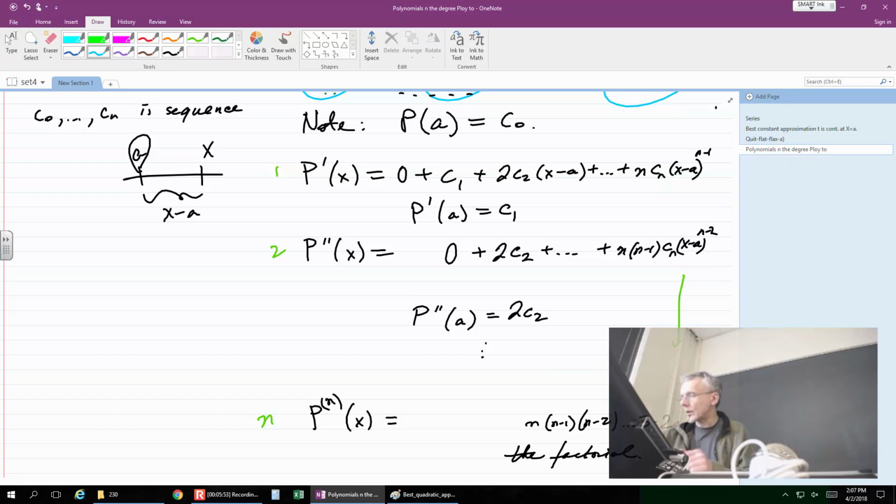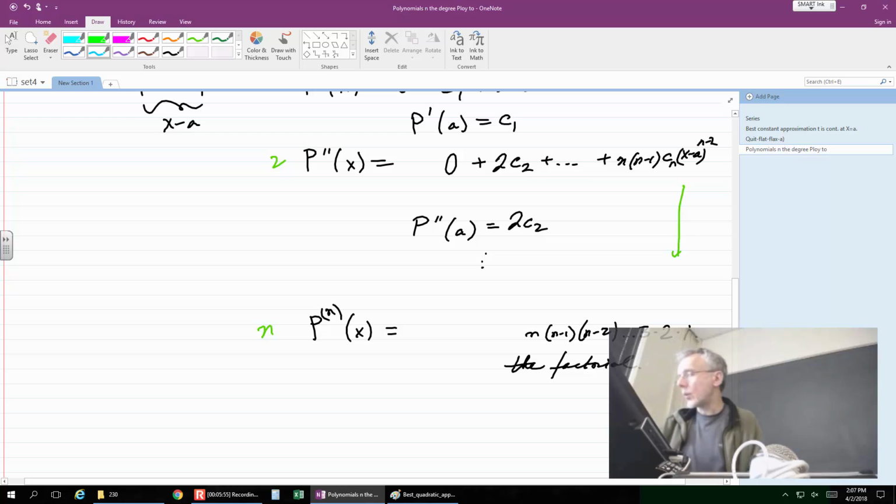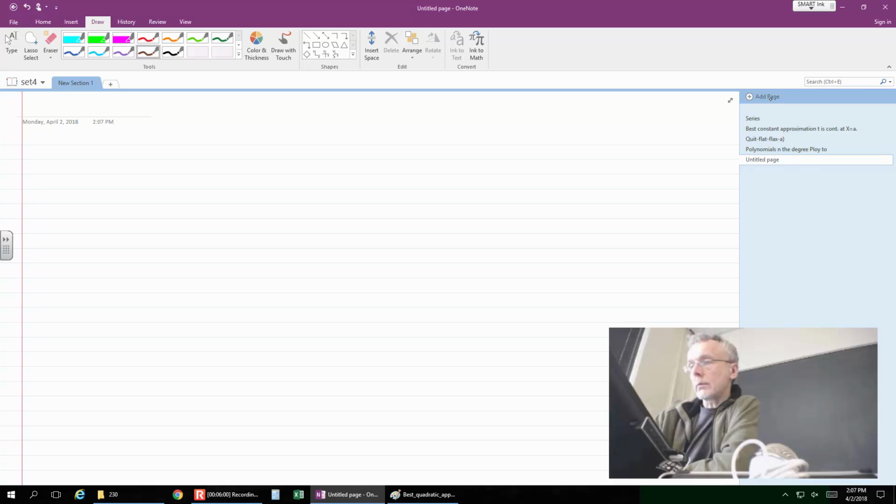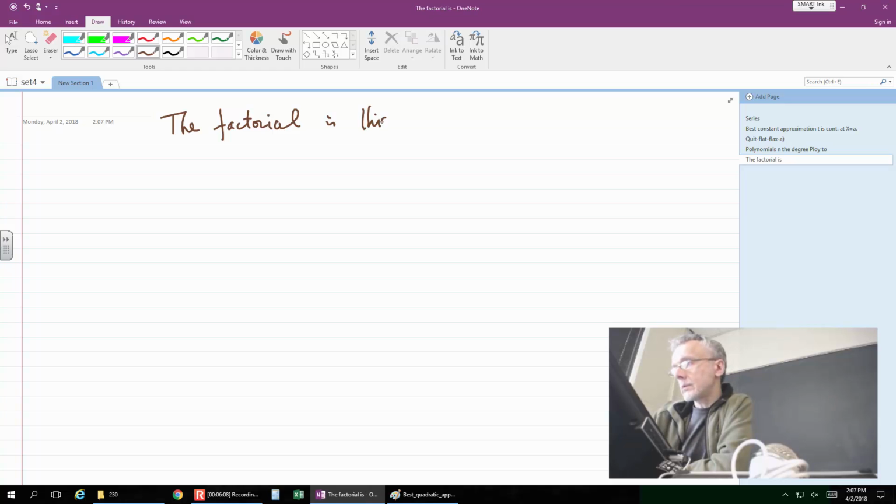The last step is I want to refresh your memory of what the factorial is. The factorial is a sequence given recursively.